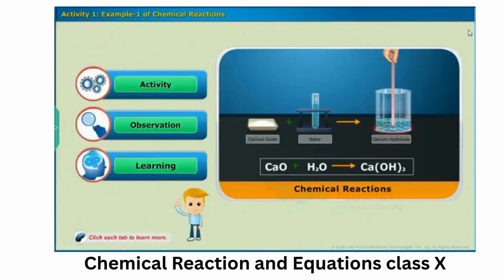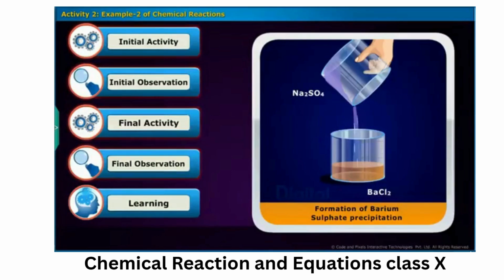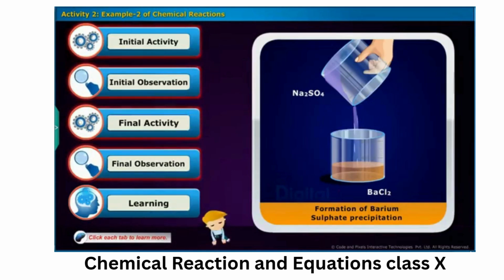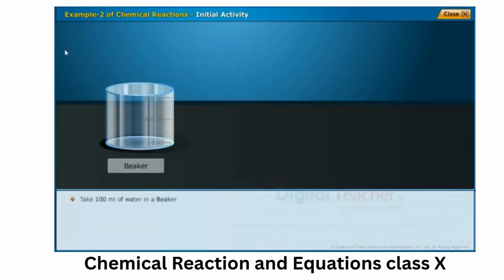Now, let us do another activity to learn about chemical reactions. Click each tab to learn more. Take 100 ml of water in a beaker.